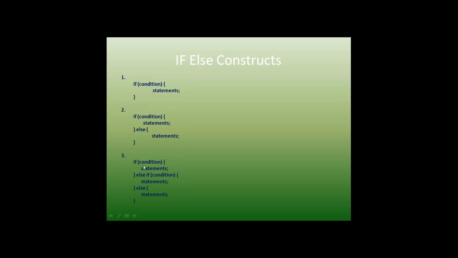Like you see on the screen, if the condition is true, go for this statement. Else if, it is going to check the other condition. If this condition is true, then go for this statement. Else the other statement. We can have multiple else ifs.